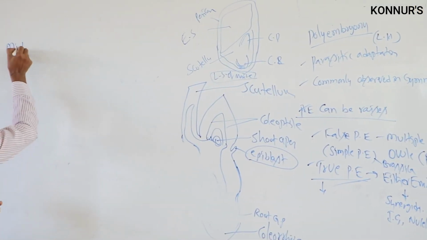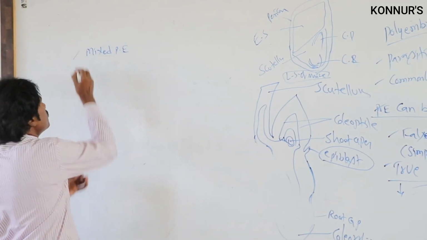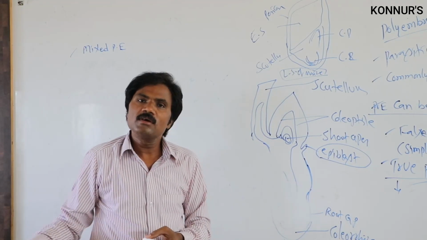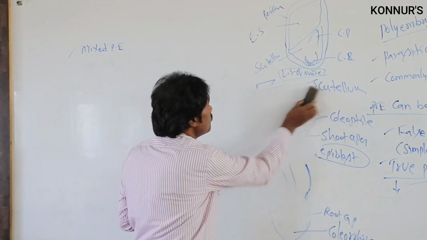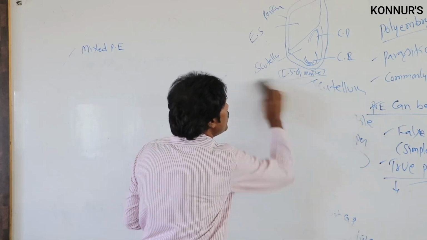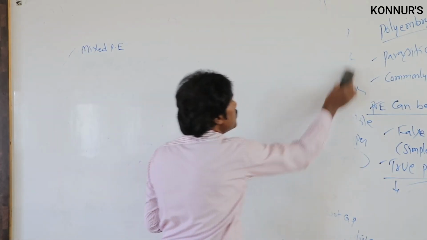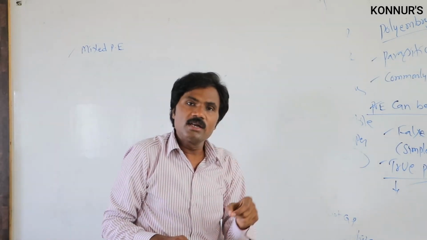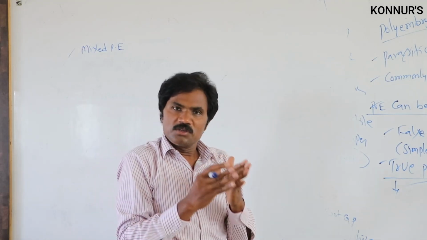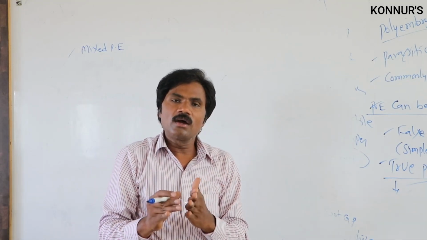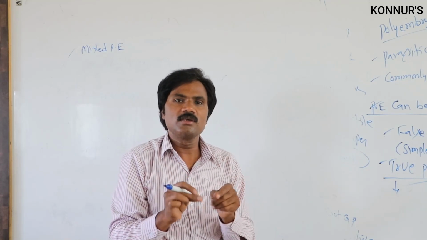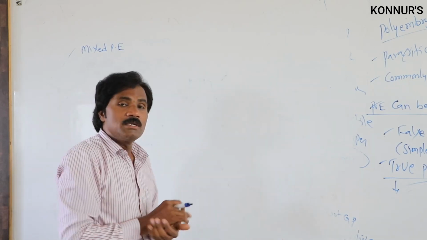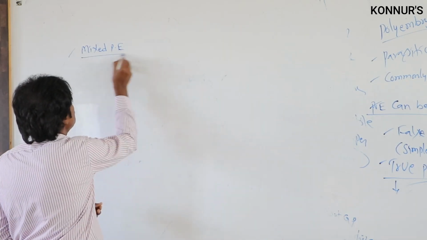Whenever multiple pollen tubes enter and fuse with either synergids or antipodals or integumentary cells or nucellus, that represents mixed polyembryony.